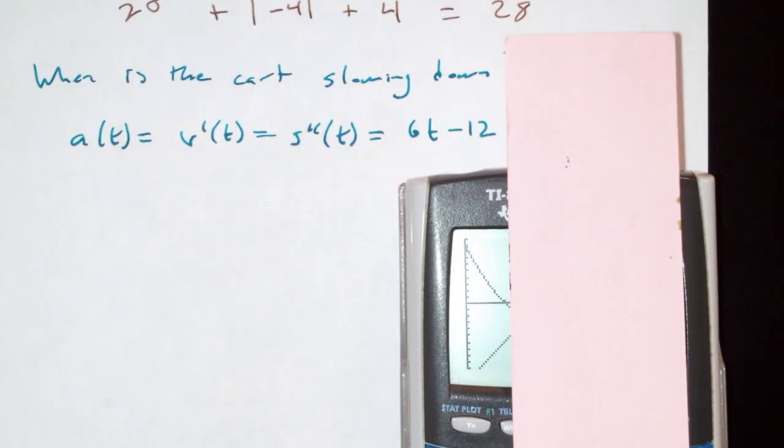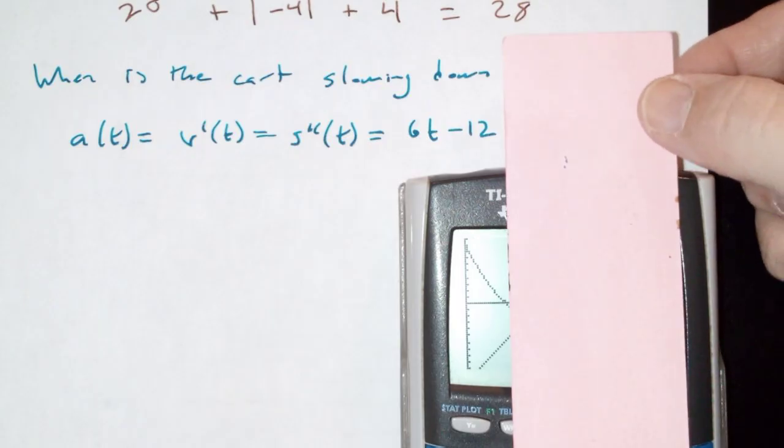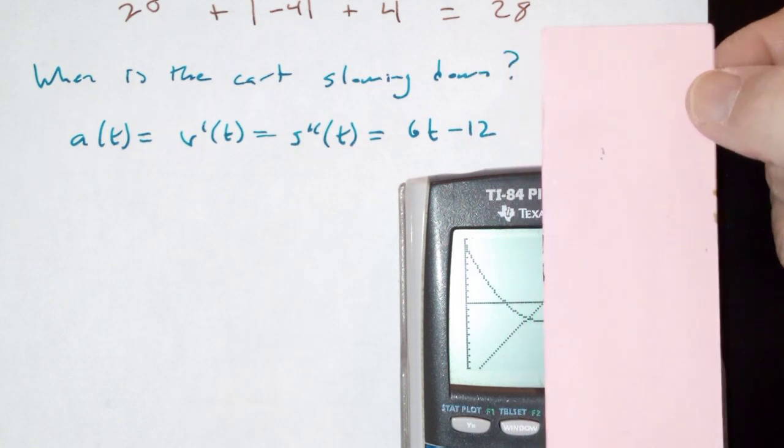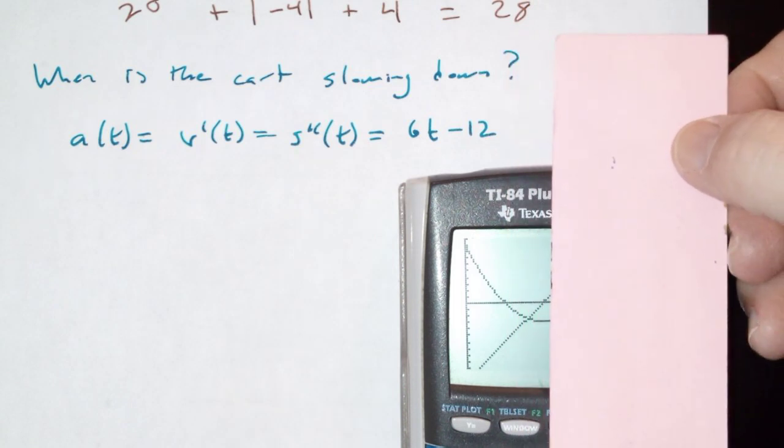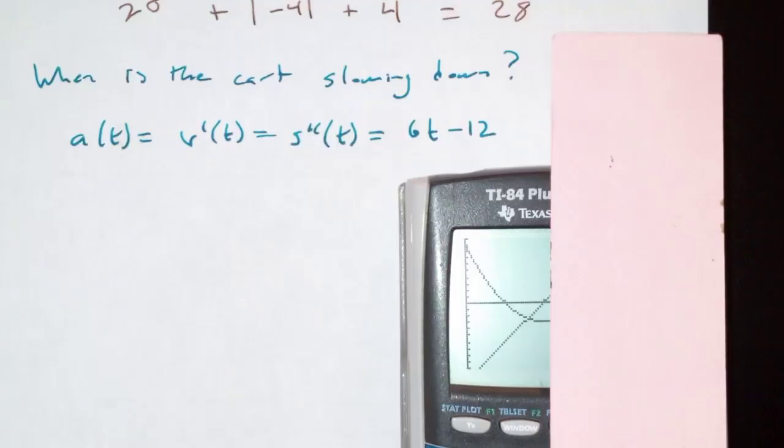So what happens to my speed? My velocity is going down. Between time 0 and 2. Sorry, between 1 and 2.